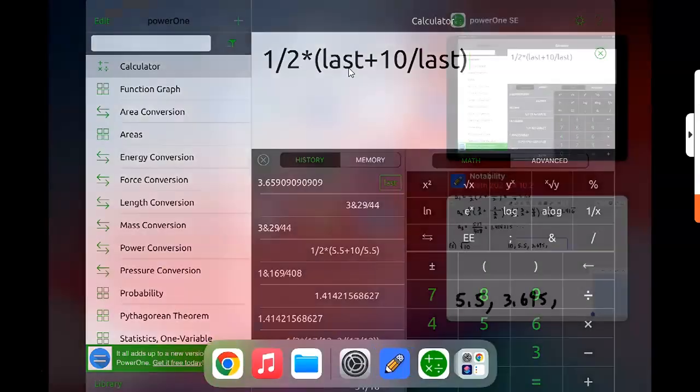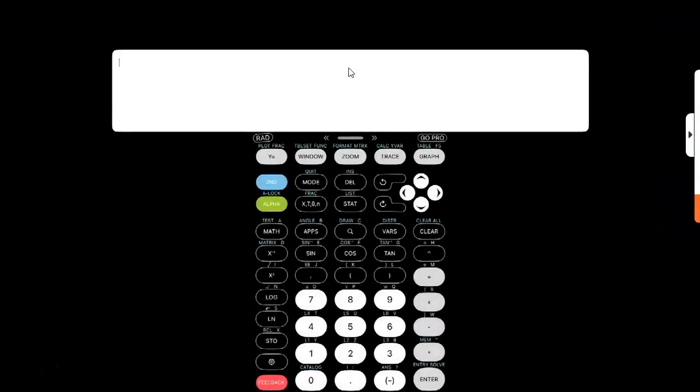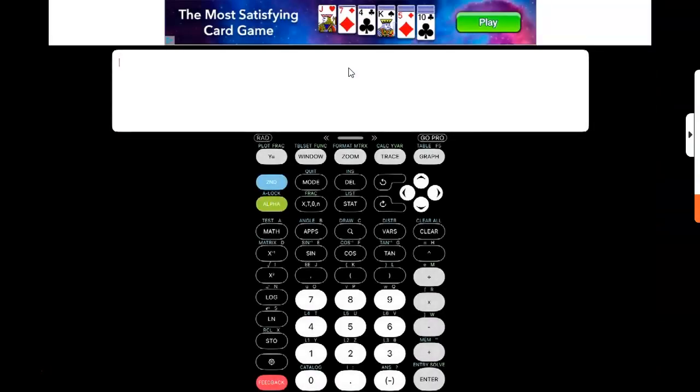On your graphing calculators, when you're doing this computation, let me just do it real quick here. 1/2 times 5.5 plus 10 divided by 5.5. Oops. So there's my 3.659.